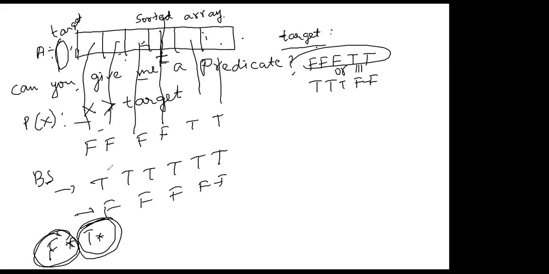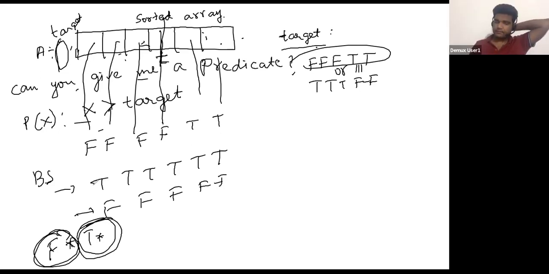Does the efficiency also depend on the number of F's and the number of T's? Like if we have a predicate with 5 F's and 3 T's, or 6 F's, or the other way around, does the predicate relate to efficiency in any case? It can typically, but I will tell you in the second part that with this, you can only find two types of elements, the last F and the first T. That's it.